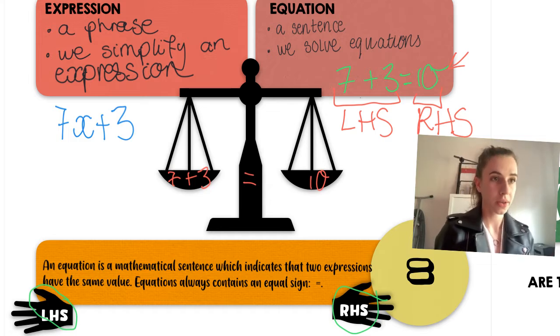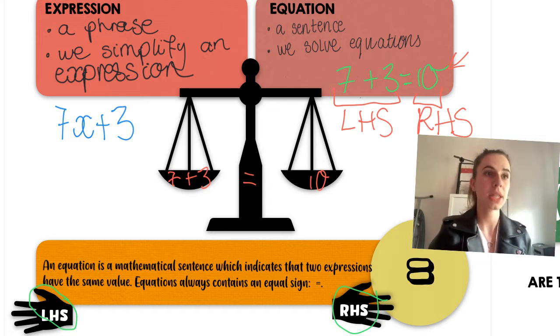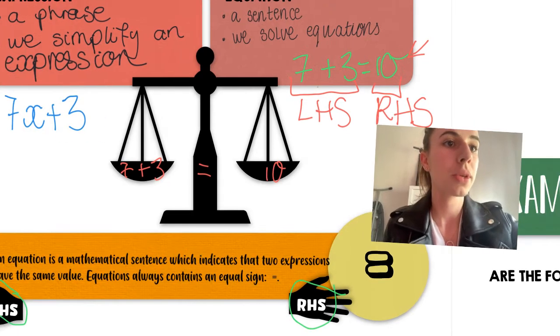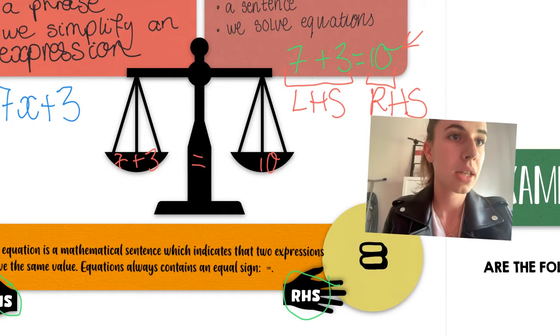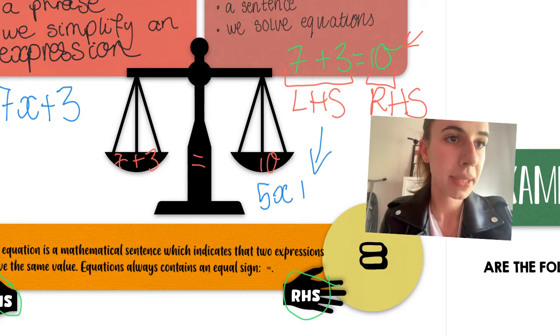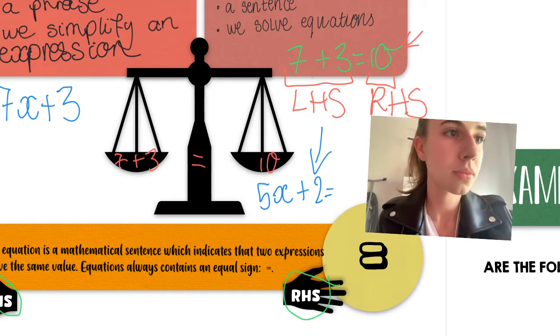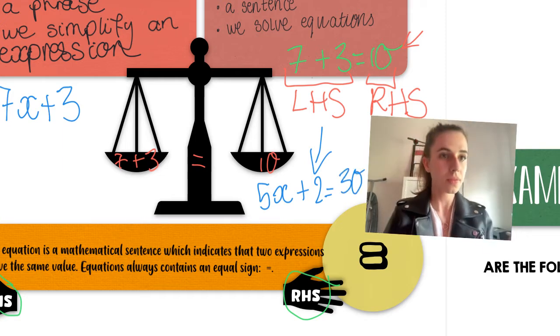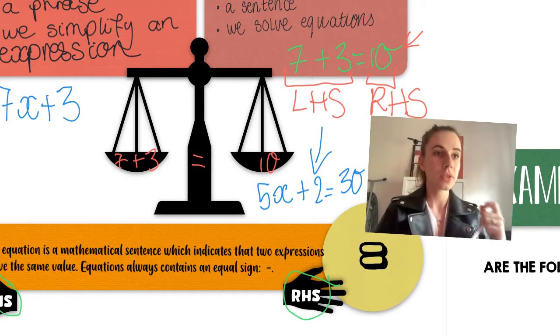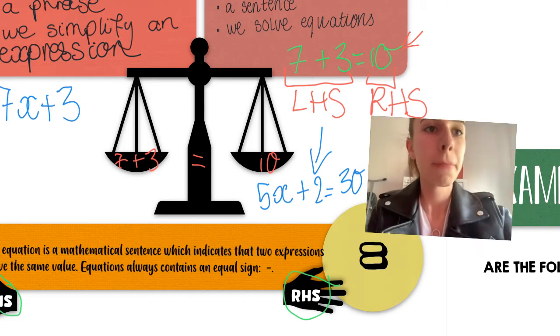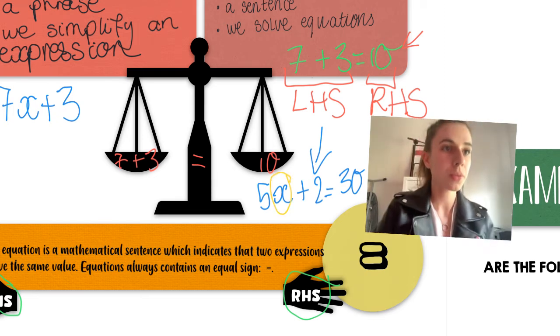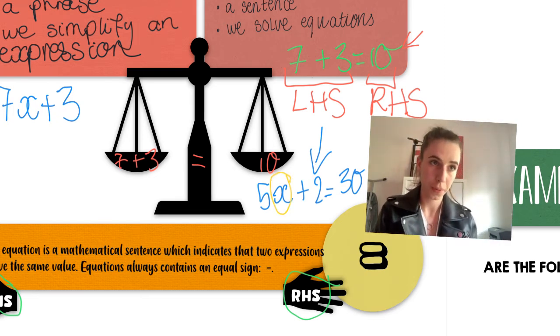So algebraic equations contain a pronumeral, which is a letter. Okay, often what we do is, let's say 5x plus 2 equals 30. Now with algebraic equations, we're going to solve for x. So we're going to find out what that pronumeral is to make the equation true.